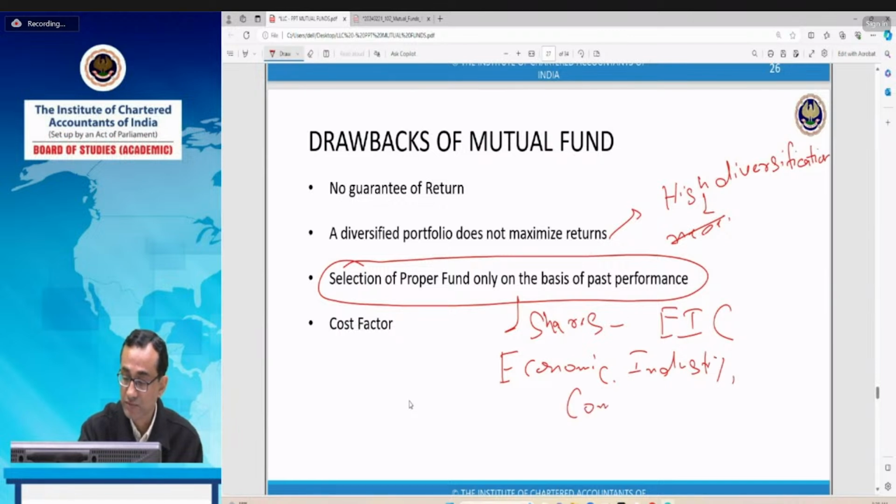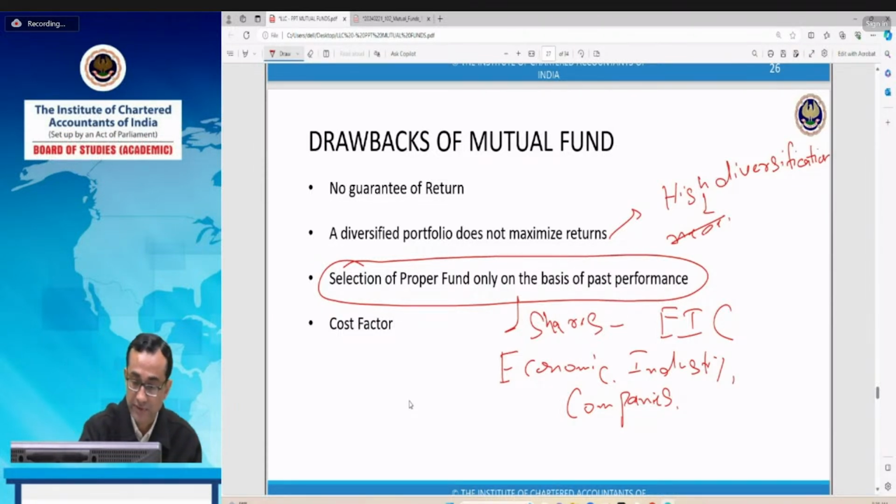We have to depend on whatever data is provided by the mutual fund for the last 5, 7, 10 years. So data is limited in comparison to the stocks.